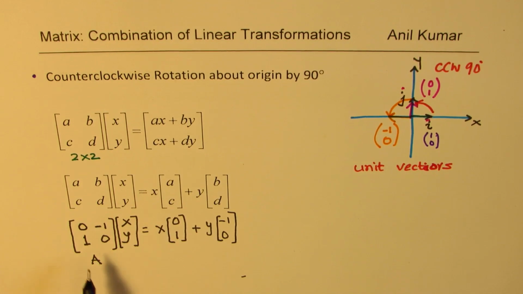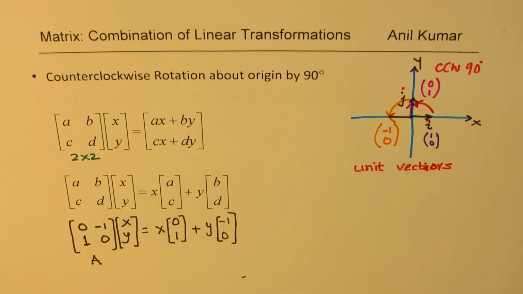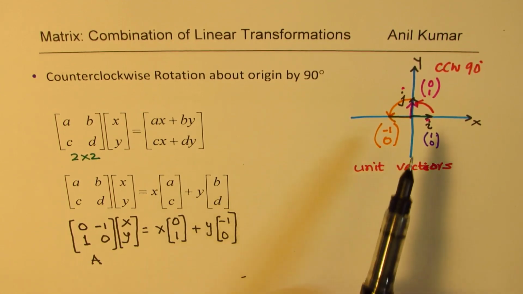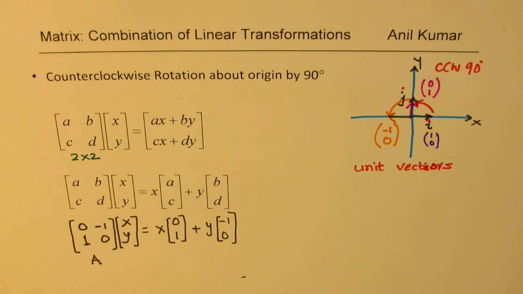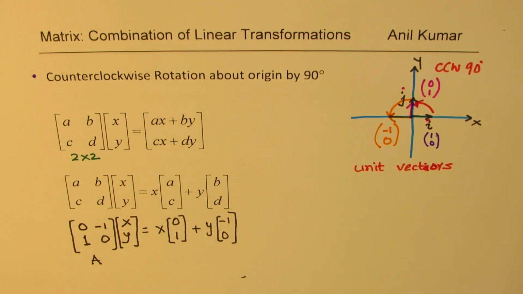So that is the matrix A which will do this transformation. Is that clear to you? It is that simple once you understand these concepts. So we'll call this our matrix A, which does counterclockwise rotation around the origin.